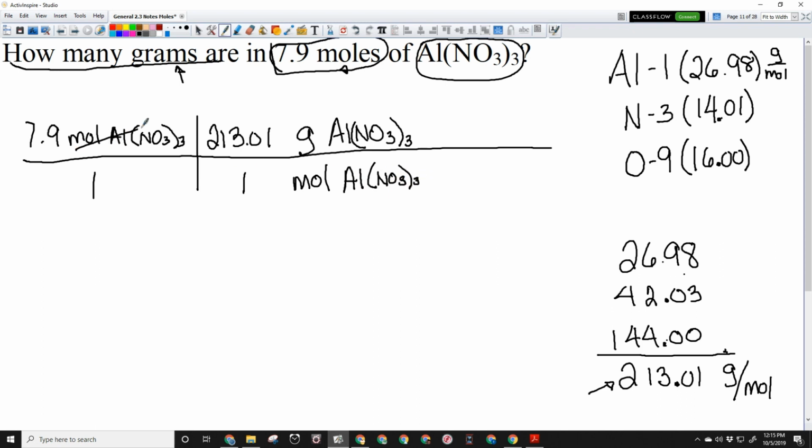All right, so moles of aluminum nitrate cancel moles of aluminum nitrate. Are we there yet? We are, because we wanted grams. So grams of aluminum nitrate. And we just do our math.